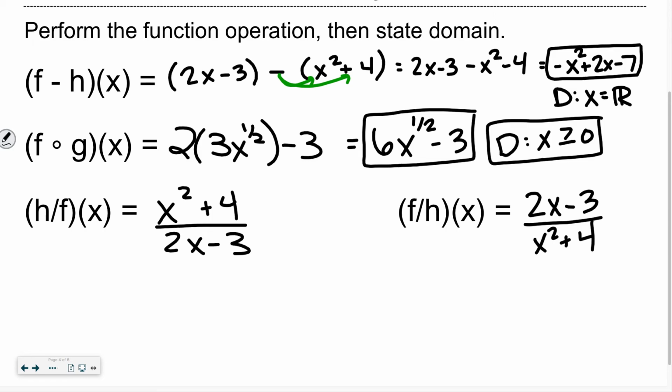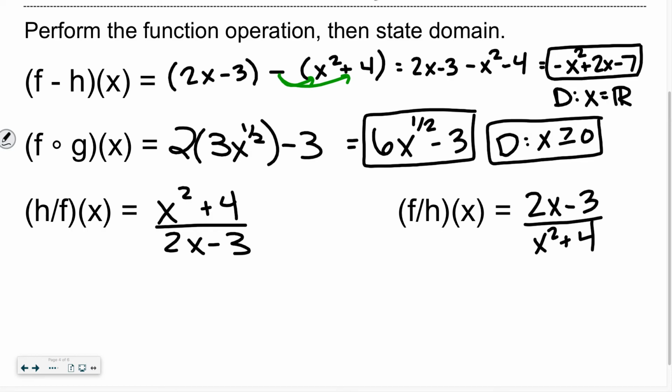What about domains? Have a chat with your group. Is there anything troublesome about domains for f divided by h or h divided by f? Have a little conversation. Do you see anything being troublesome, like a rule in math you can't do?